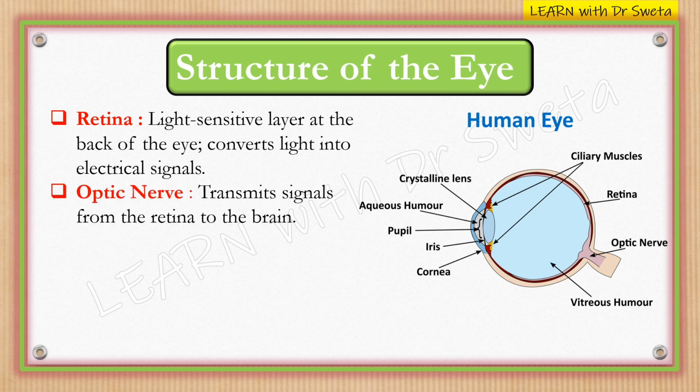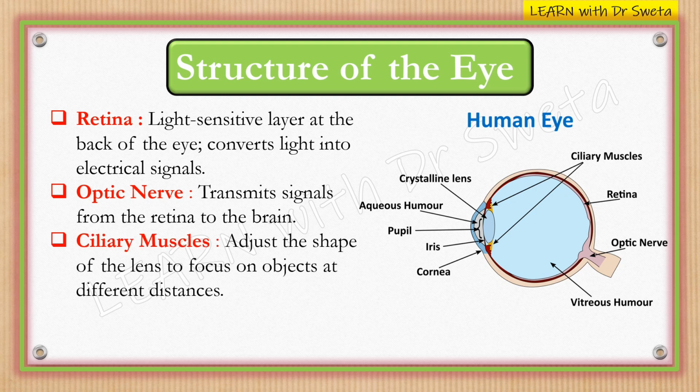Next is optic nerve. So optic nerve transmits signal from the retina to the brain. So the light that was converted into signals by the retina are sent to the brain through optic nerve. The brain interprets these signals and finally processes the information so that we can perceive objects as they are.